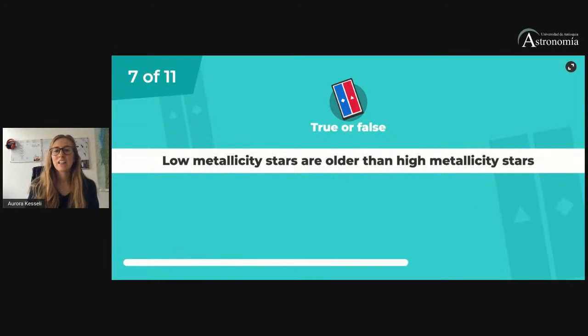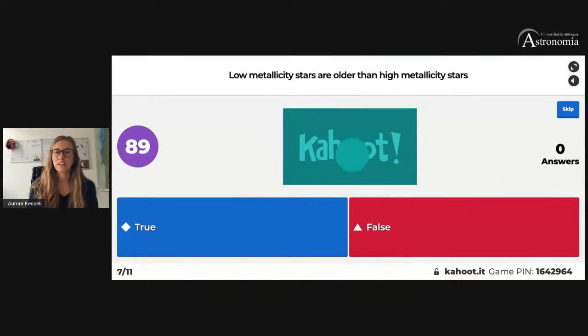Okay, true or false? Low metallicity stars are older than high metallicity stars.